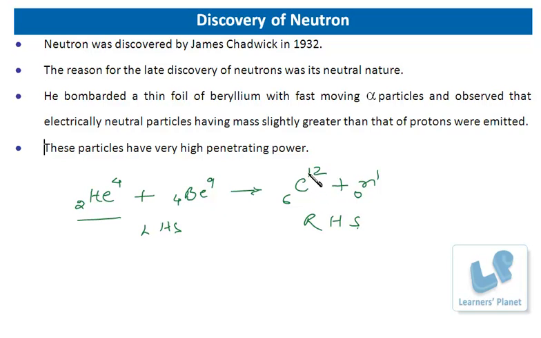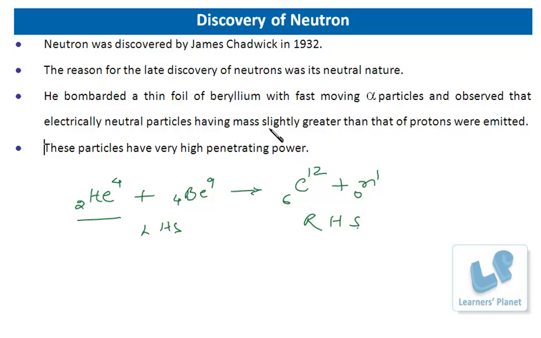So it is forming carbon-12 with atomic number 6, and 1 mass is left. These are the mass numbers, the atomic masses, and that is emitted as a neutron. Now, these particles which are produced are called neutrons, and they have very high penetrating power.